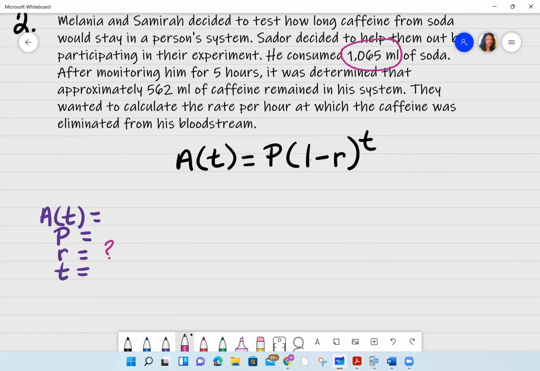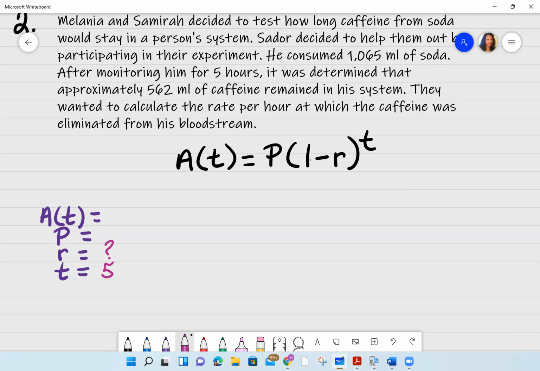He consumed 1,065 milliliters of soda. Okay, maybe that's not enough to tell you whether or not that's a present value or a future value. So let's read on. After monitoring him for 5 hours, so we know the time is 5, it was determined that approximately 562 milliliters of caffeine remained.